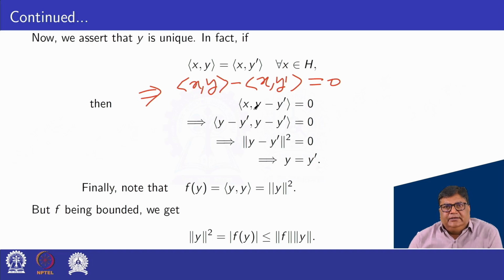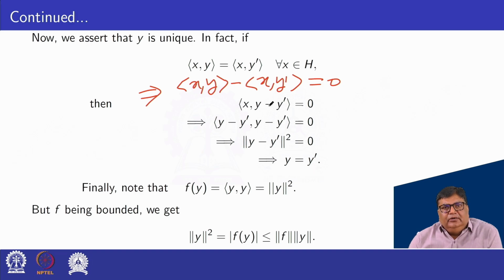Here x is arbitrary in H and the inner product is equal to 0. It means this vector should be 0, that is y minus y dash is equal to 0, that is y is equal to y dash.